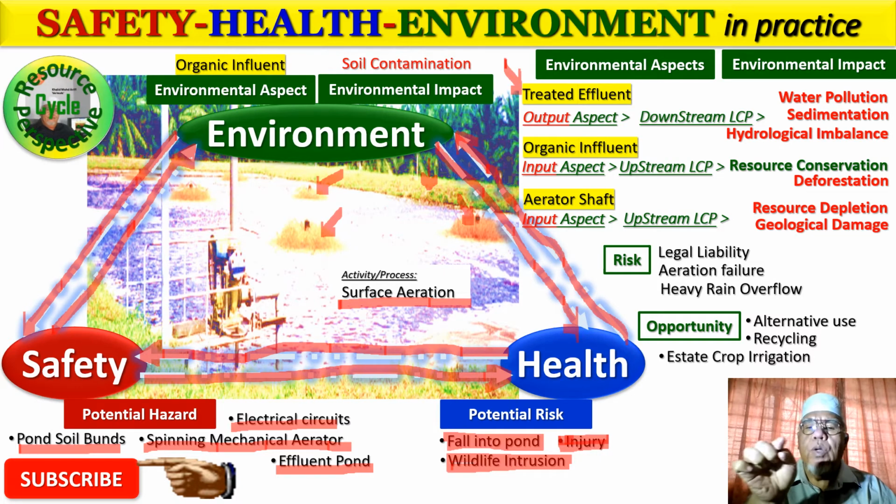Now, our concern is this environmental aspect, which is the input effluent into this particular pond, which is a surface aeration pond. It's a biological treatment technique, and this pond is not deep because it is an aeration pond.